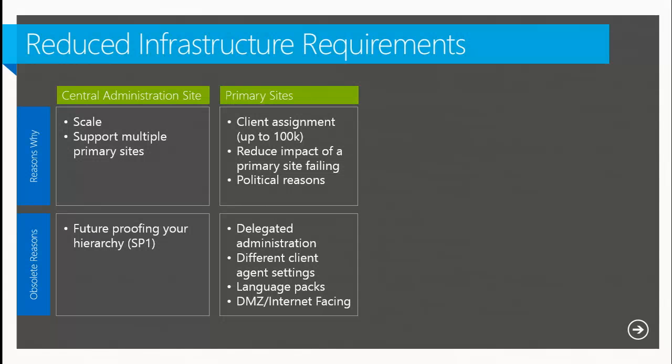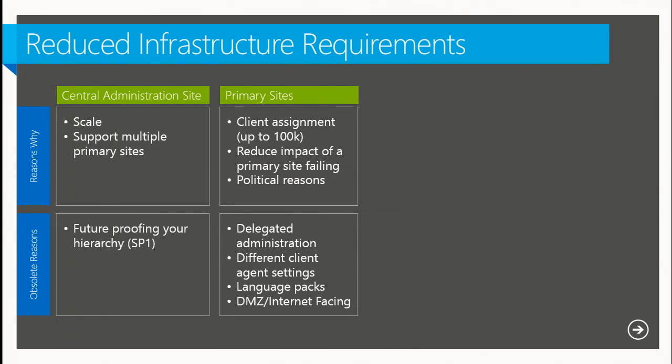Primary sites, you'd need those obviously for scale, also to perhaps reduce the impact of a site failing. You do not need a primary site to delegate administration. So say you have a group of administrators dealing with desktop management and another group with server management. Maybe in the past in Config Manager 2007, you'd create two sites, one for each of these groups, in order for them not to see one another's resources.